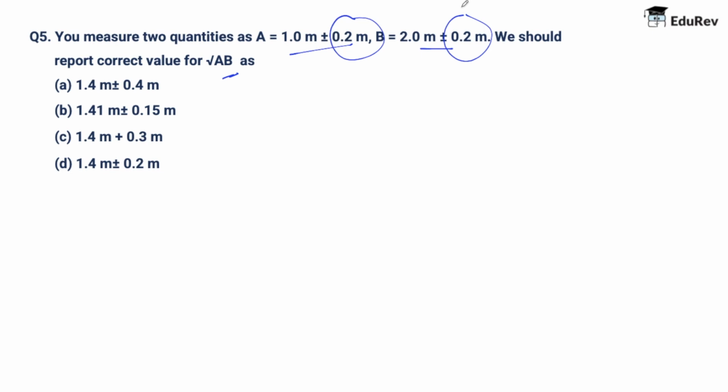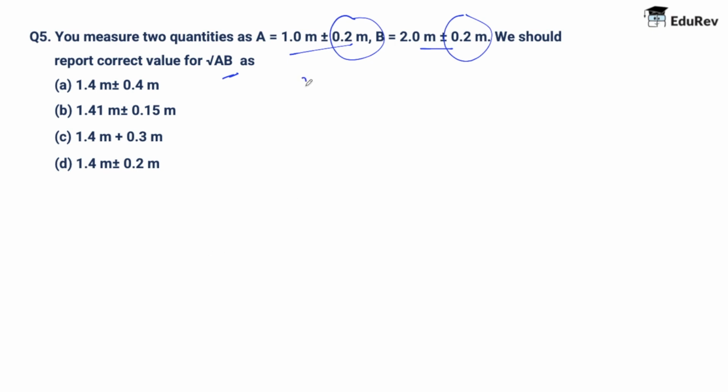Now we need to find out under root of AB. So when I am finding under root of AB, the final value which I get will also have some form of error. To find that error, initially I am going to find under root of AB as a whole, and then we will differentiate the equation to find the error as well.